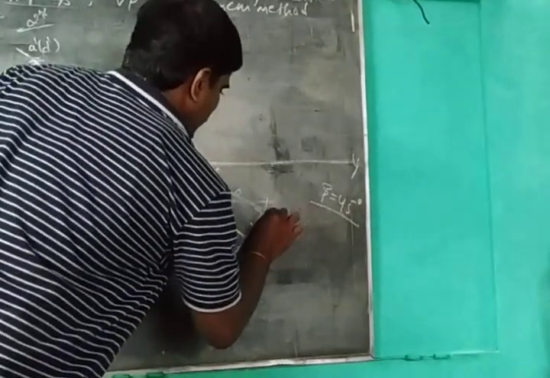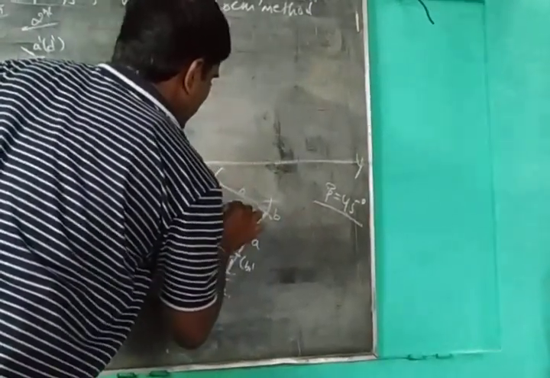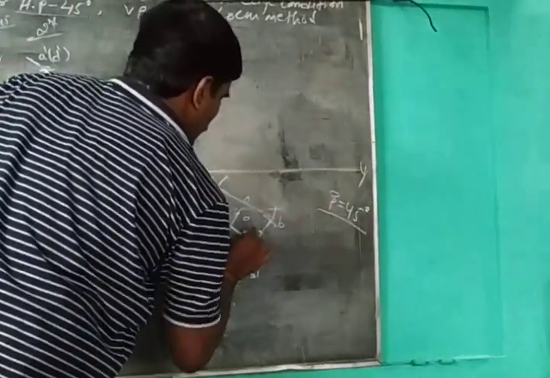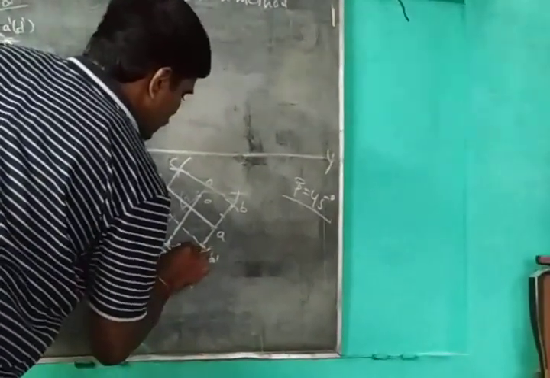This is A, B, C, D, and this is O, and this is O1.